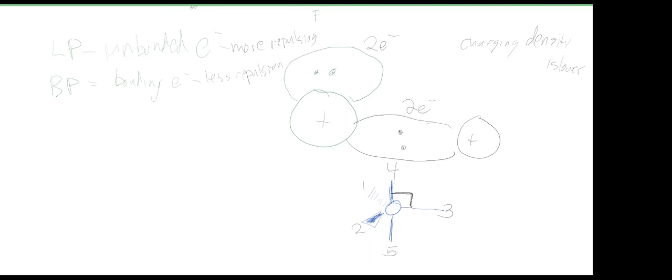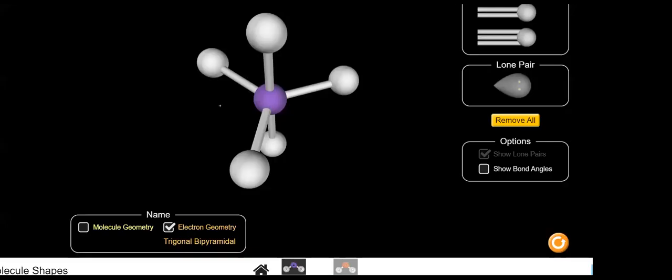So we're going to make sure that we have our lone pair and bonding pair at 90 degrees as little as possible. We would much rather have that lone pair and that bonding pair be at the 120 degrees. And so that's what we're looking at here.